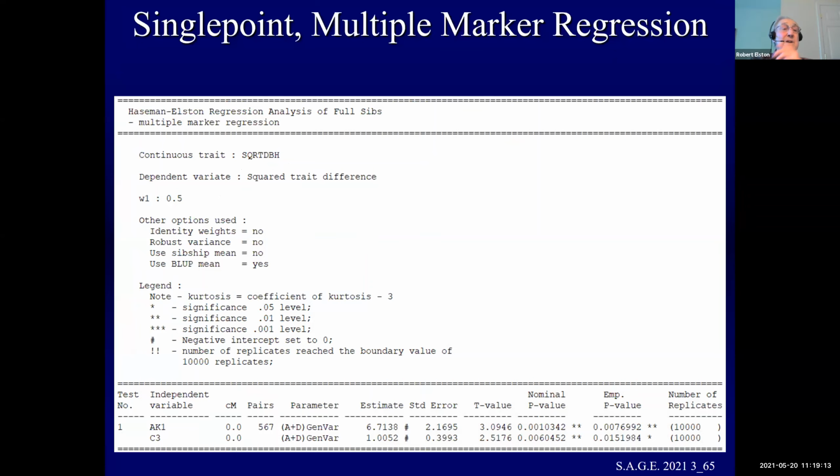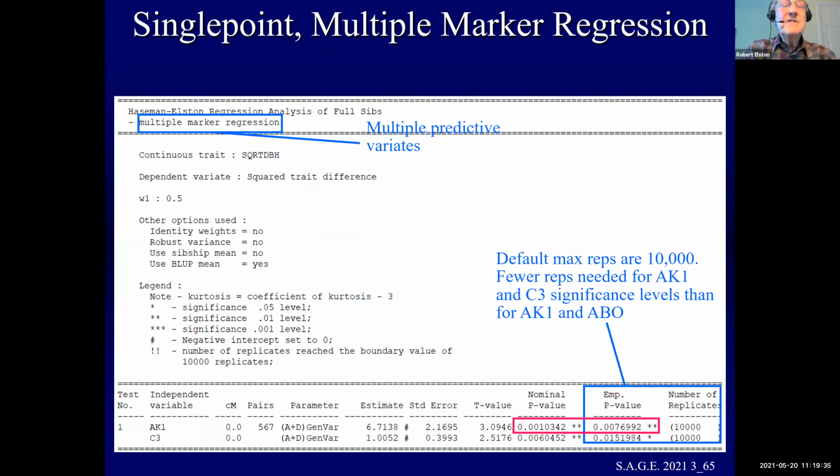So now what we see is that the p-value goes, let me see, in multiple marker regression, we need fewer replicates for AK1 and C3, and the significance levels go down even more.